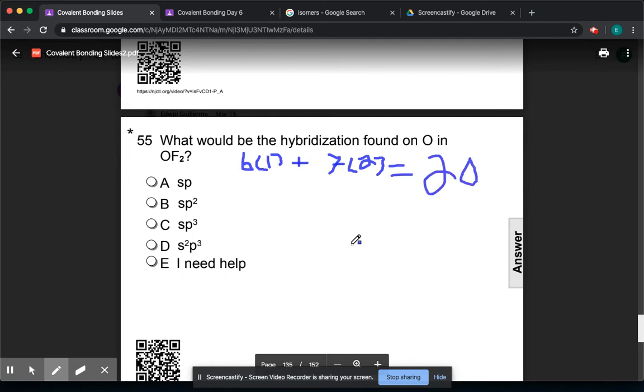So now let's draw it. The oxygen is less electronegative, so the oxygen is going to go in the middle. Let's draw our fluorines. Let's put our dots on the outer ones first, always.